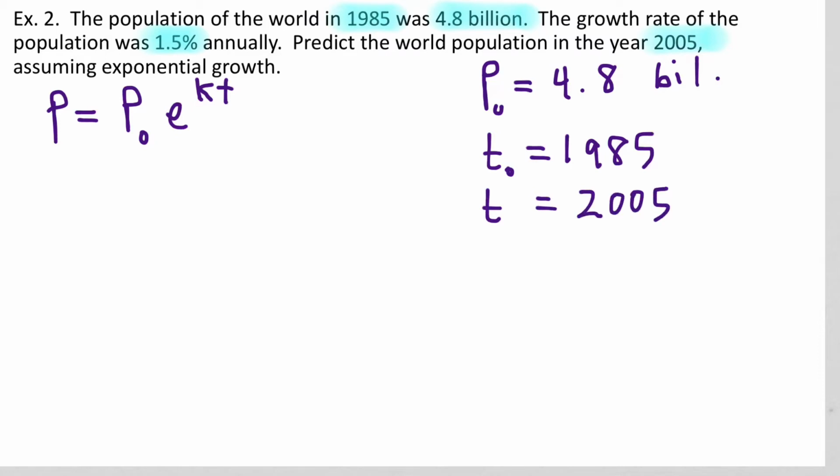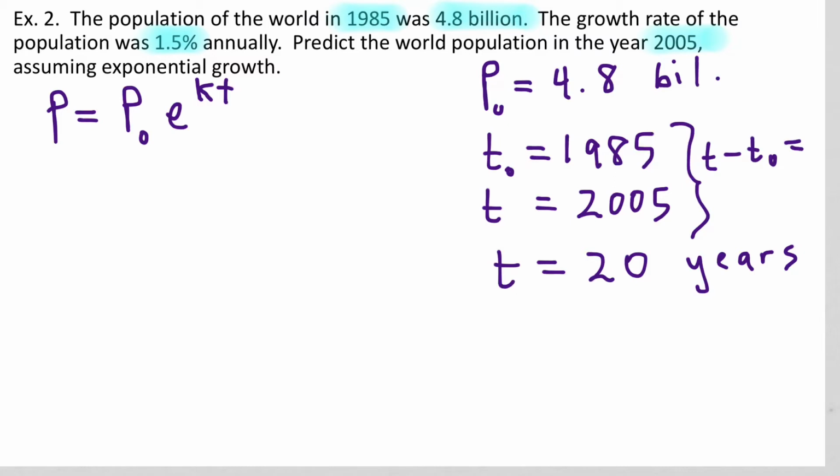We're interested in how many years have elapsed, and that is the amount of time we want to input into the equation. If we subtract 2005 minus 1985, that's 20 years. So we're going to input T as 20 years. That's T minus T0, which is 20. This is the elapsed time we put into our equation.